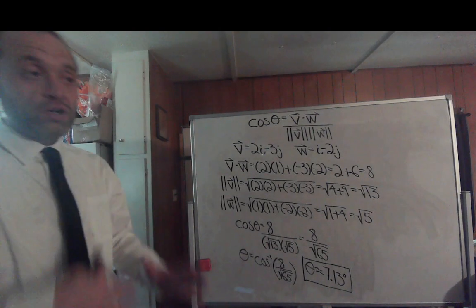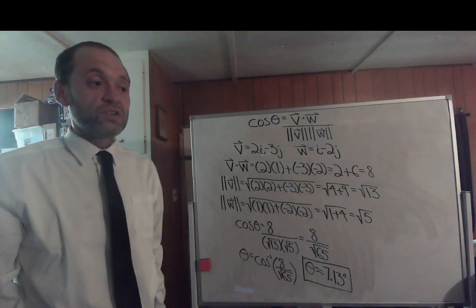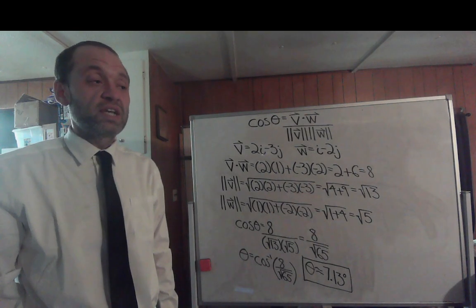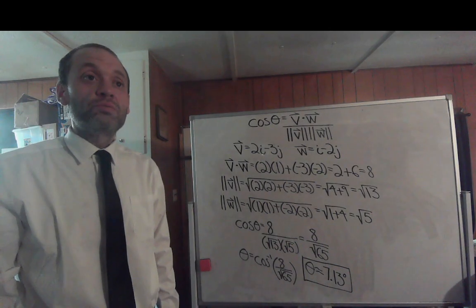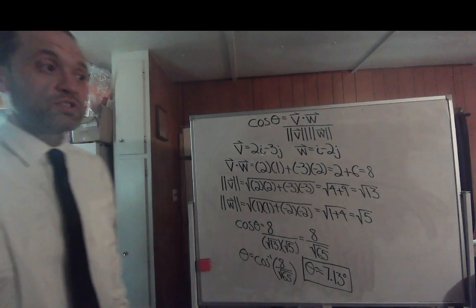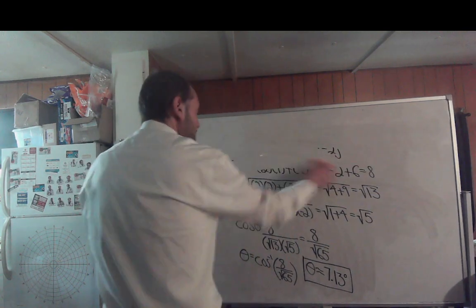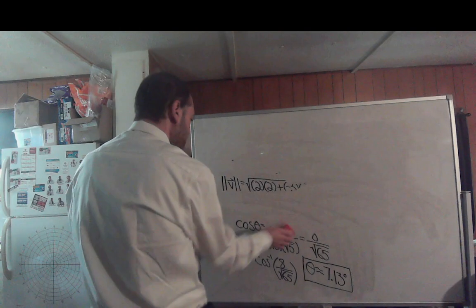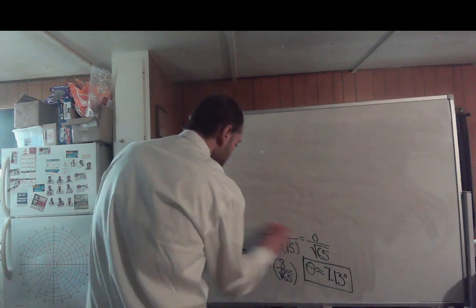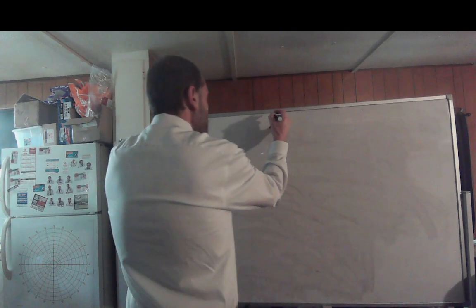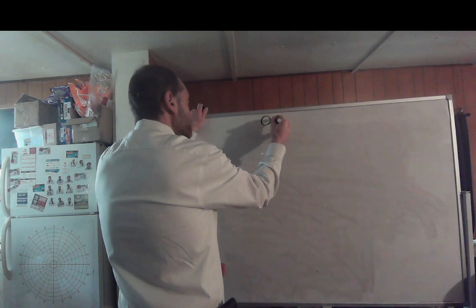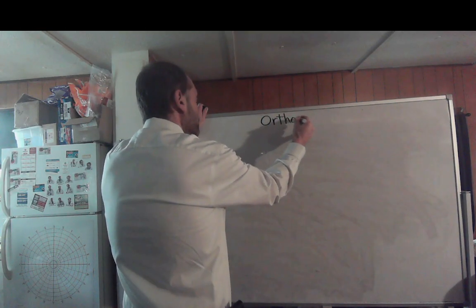Alright, so we've also found the angle between vectors. Now we need to go on to discussing parallel or orthogonal vectors, or are they neither? So let's talk about that. So two vectors are what's called orthogonal.